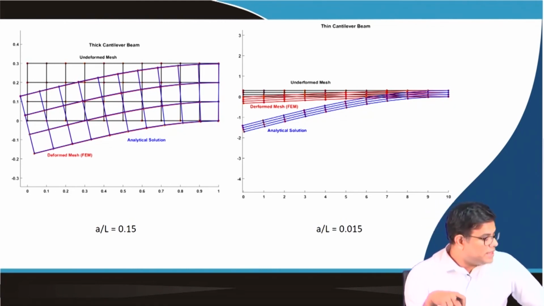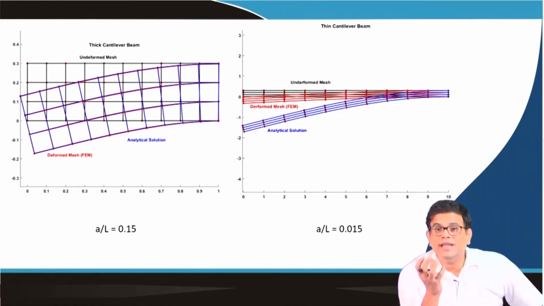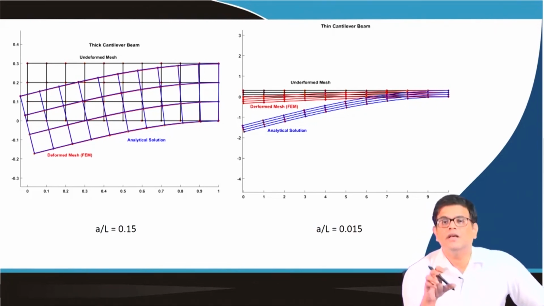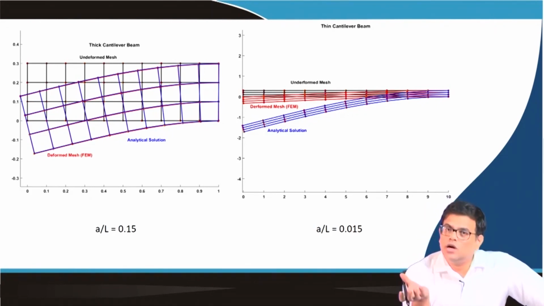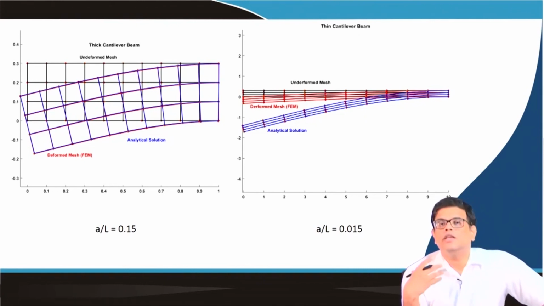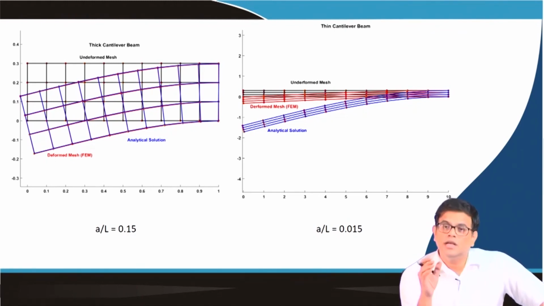So I think I have explained what shear locking essentially is and why it occurs. The main reason is that when you have a lower order element specifically, spurious shear strains are generated in that element, and this creates additional energy when the thickness of the element becomes small, or the aspect ratio becomes high.